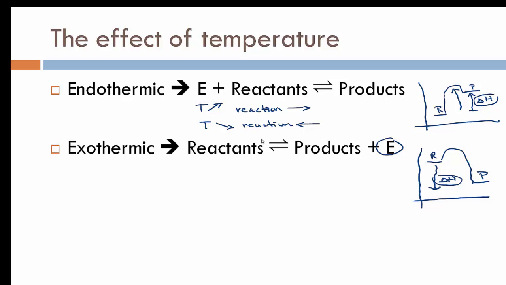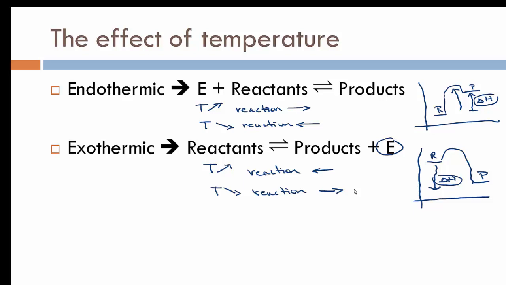On an exothermic reaction, if you increase temperature, the reaction will shift to the left, and if the temperature decreases, then the reaction shifts to the right. You notice they're the opposites of each other.